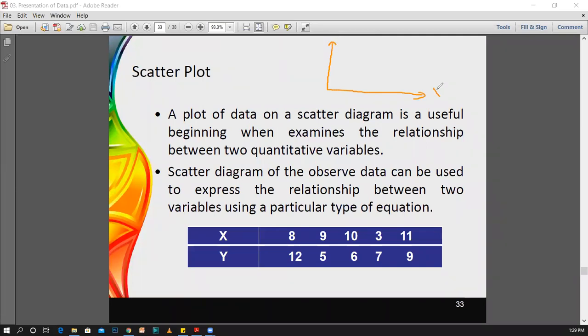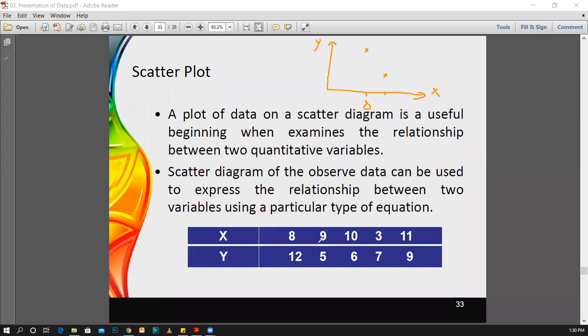Now think about it: here you may have the x axis, here the y axis. When x is 8, y is 12, it may be somewhere here, and I am marking it here. Then x is 9, y is 5, somewhere here.